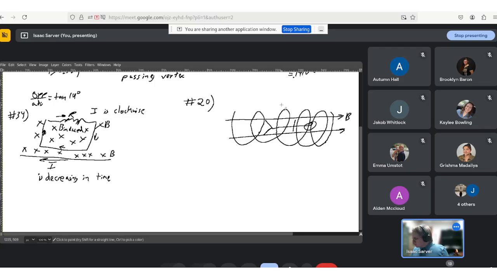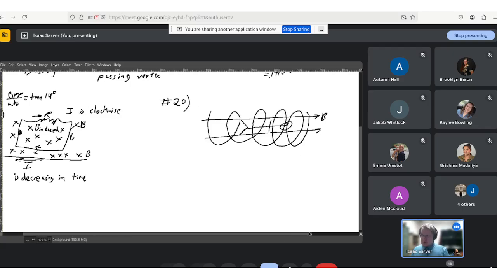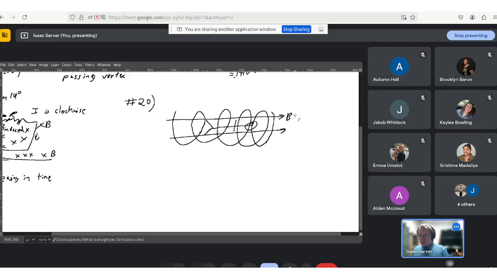Okay. Let's get a little bit more to the right. We are told that this magnetic field is a main magnetic field of 1.5 Tesla.